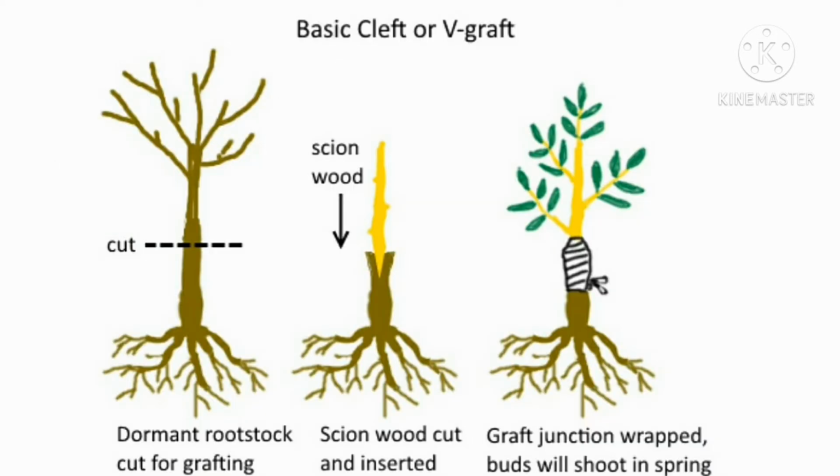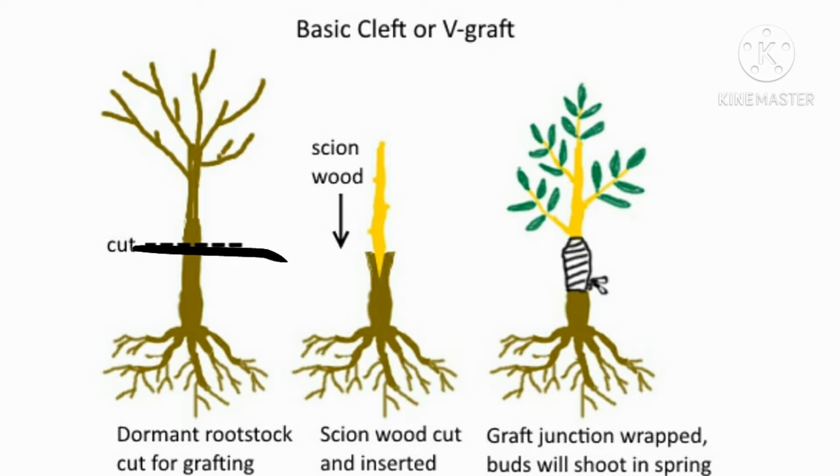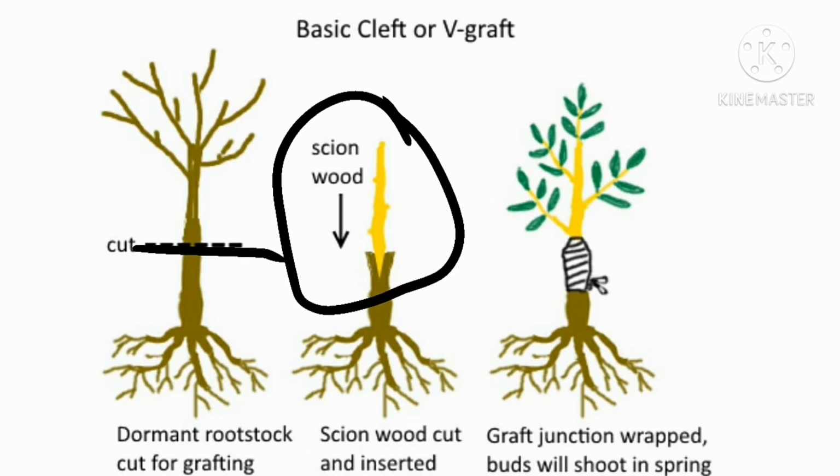Now what is grafting? Grafting is a process in which we cut out a half tree from a dormant rootstock, okay, we cut half and in that we insert a scion wood, okay.